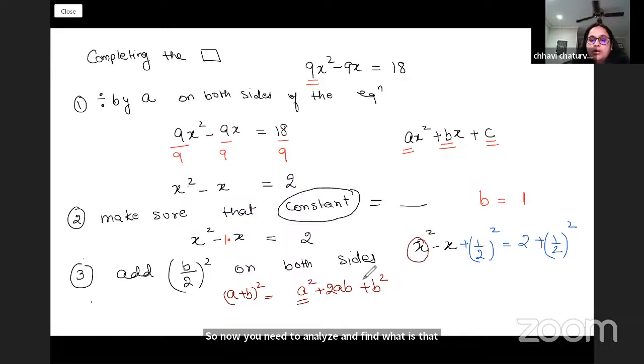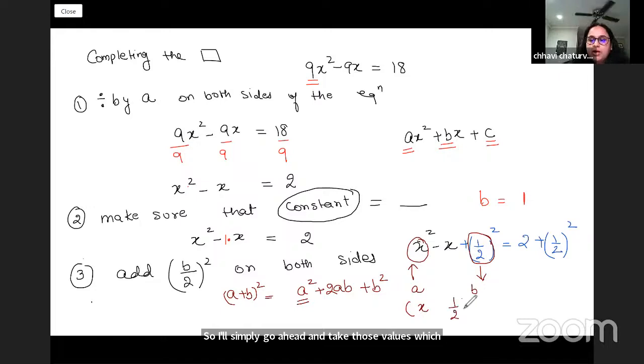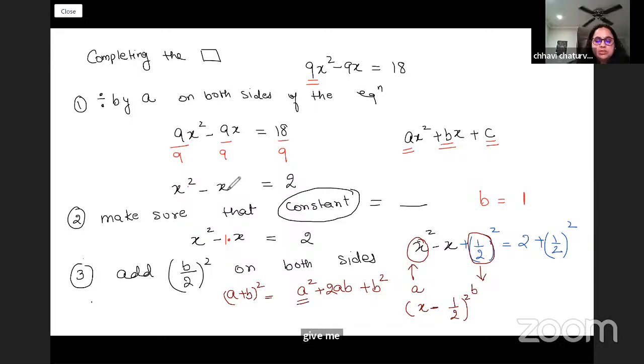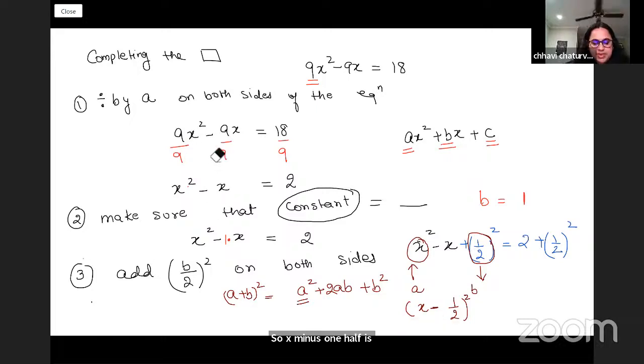So here you are converting x squared into x into x squared, and for the b, you have 1/2. So x is my a, 1/2 is my b. So I'll simply go ahead and take those values, which will give me x, 1/2, and then you'll take the sign of the middle term. So x minus 1/2 is squared. All right, let me make some space.